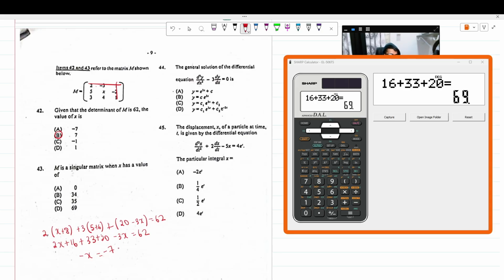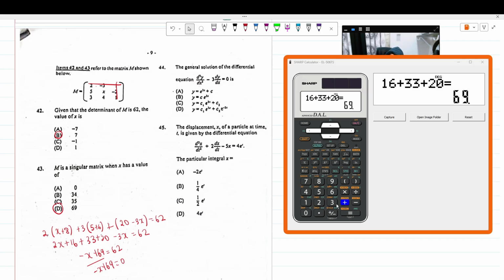When that is equal to, oh shucks, no. The determinant is minus x plus 69 is equal to 62. Right? So this is the determinant. So when that is 0, x is equal to 69 is going to be the value.